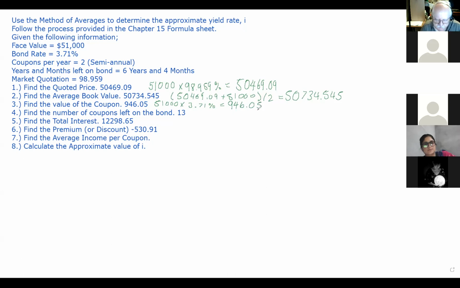And then find the number of coupons left on the bond. And what are we told? We're told there's 6 years and 4 months. And this bond is semi-annual. So we're going to have 6 times 2 is 13.